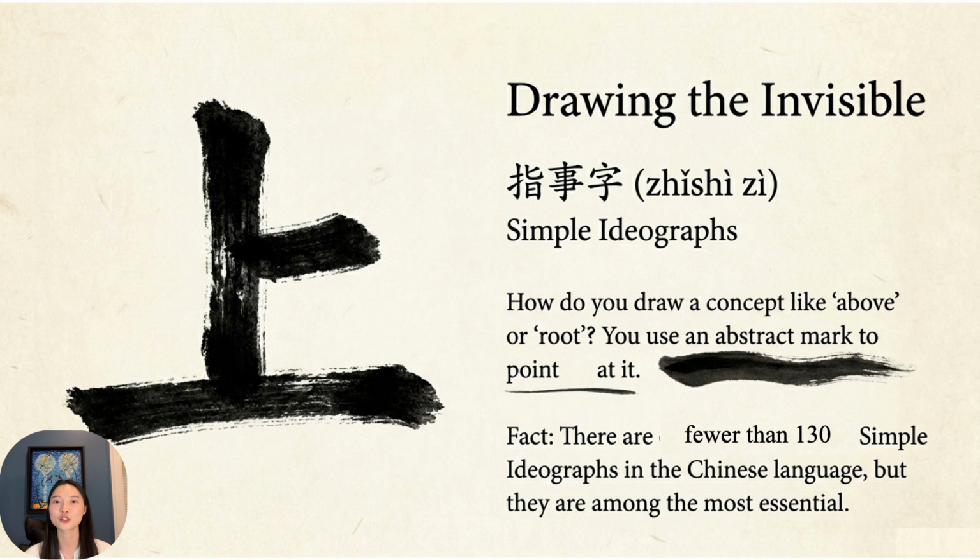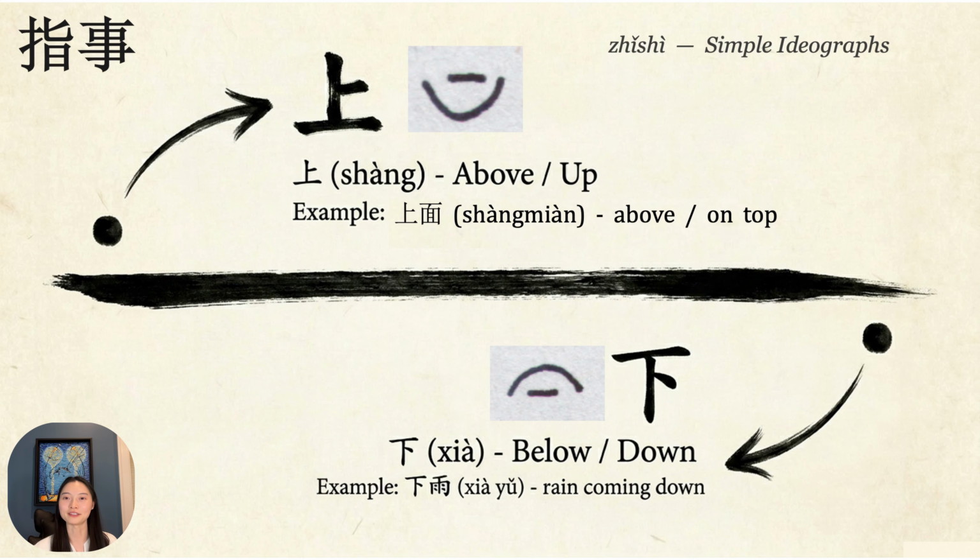There are very few true 指示字 in Chinese. Scholars count fewer than 130 in total, but several of them are extremely common and important. Let's look at four. 上 means above, up, or on top of. In the oracle bone script, 上 was drawn as a short mark placed above a long horizontal baseline.